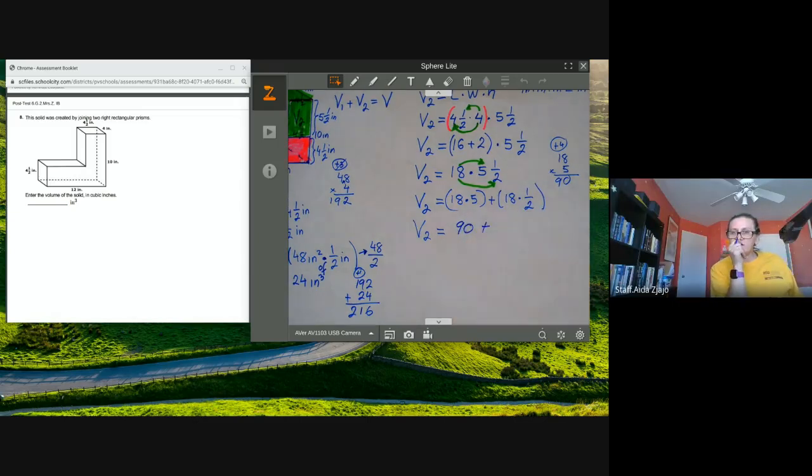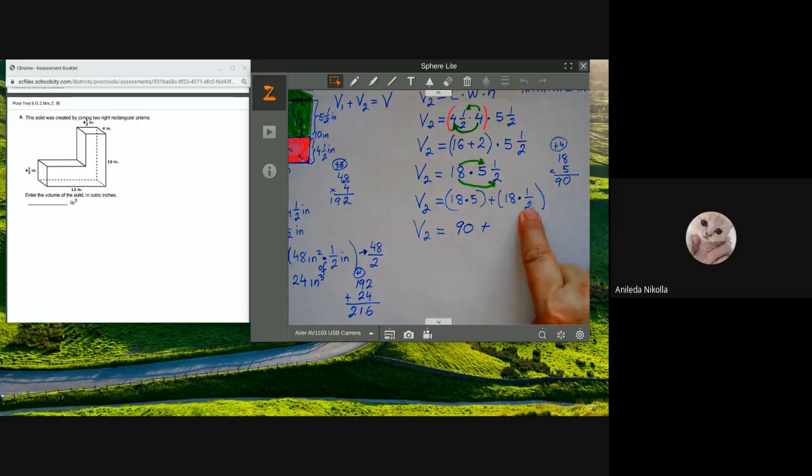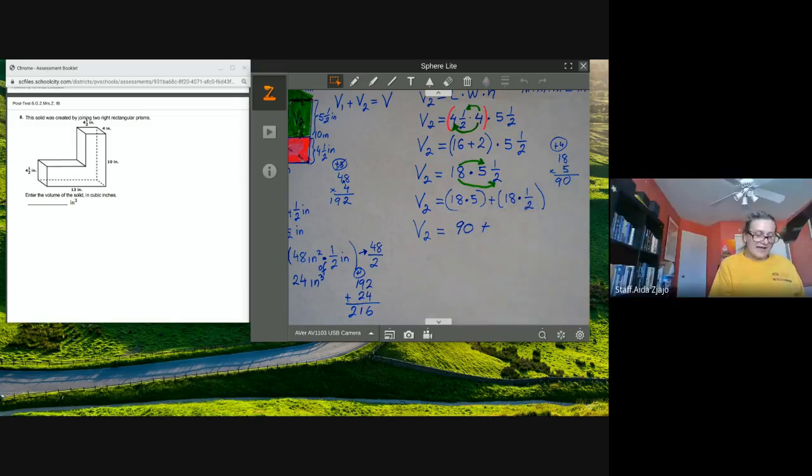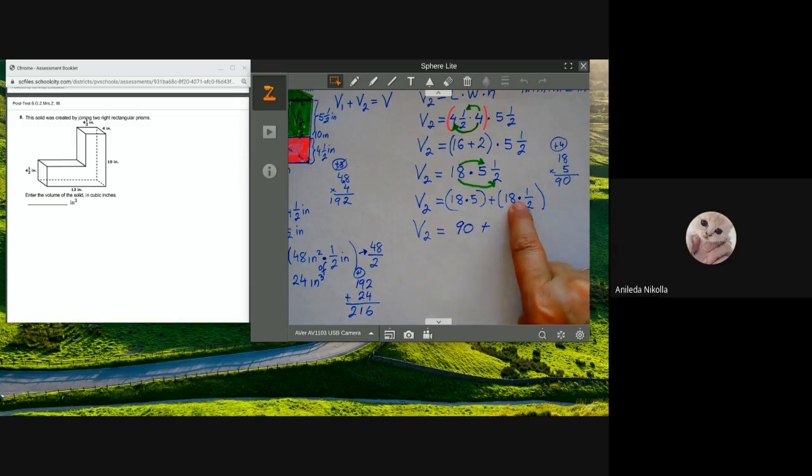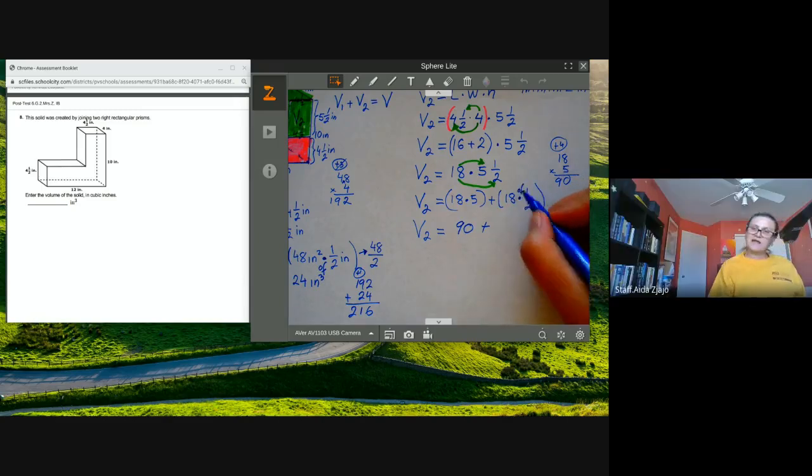Read this as "of." I want you to feel it and understand it. Say one half of 18. What is one half of 18?